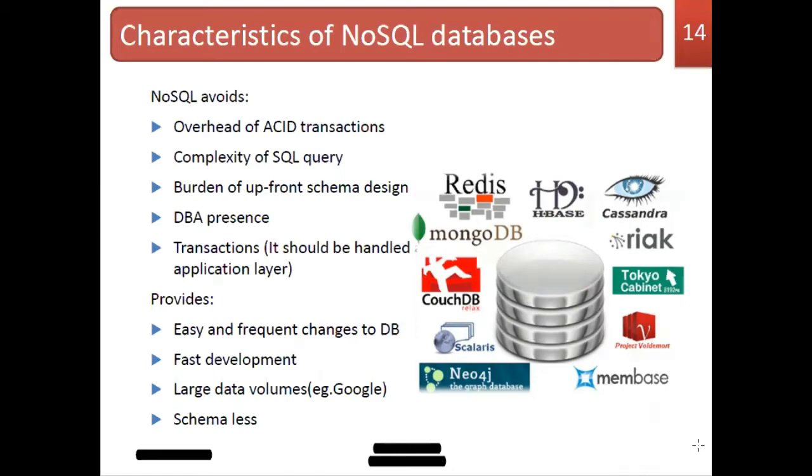Next, the burden of upfront schema design. NoSQL databases are schemaless. Suppose you design your table with a certain schema, and in the future you want to modify or change it, then you need to change the schema. Since NoSQL databases do not use any schema and need no upfront schema design, in the future there is no need to change the schema design.